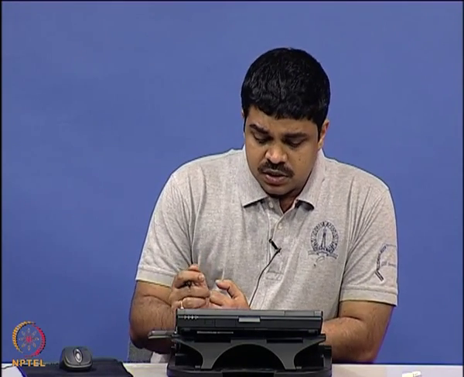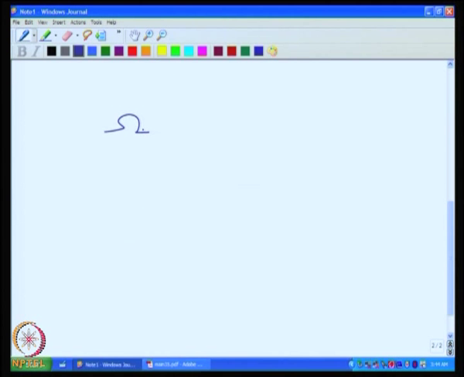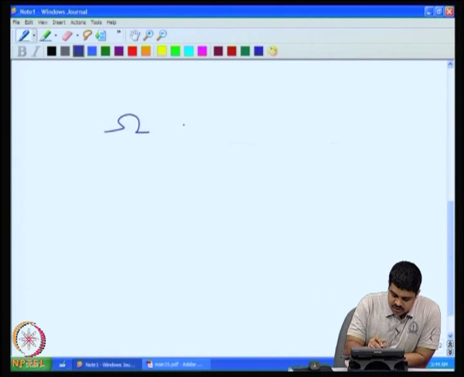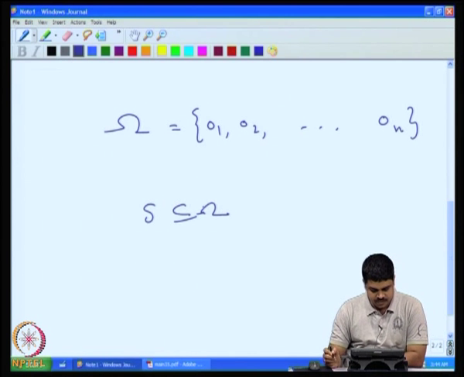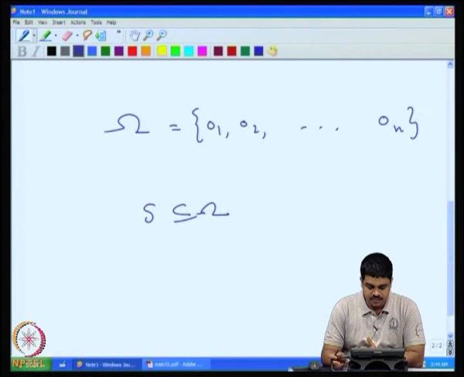Then another thing we need is the idea that any subset of this omega will be considered as an event. So if the set of outcomes is O1, O2, up to On, then some subset S of omega is called an event. That is the way we call a subset of the sample space in probability theory.